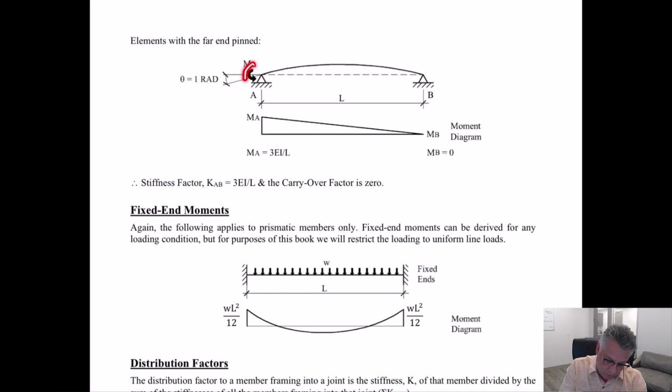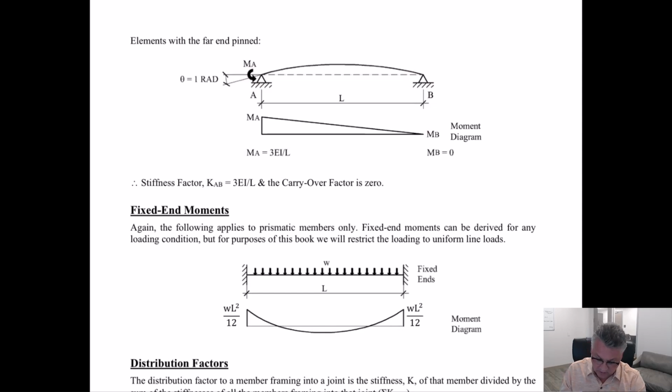So to do a 1 radian twist of a beam with constant EI, if the far end is pinned, you should have somewhere along your career learned that that's 3 EI over L. It's not 4 EI over L like it was when this was fixed. With a pin, that is 3 EI over L. So the stiffness, it takes less moment to rotate that 1 radian.